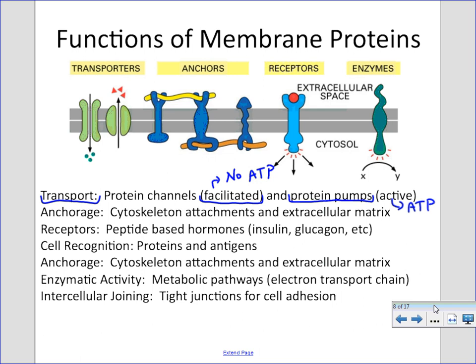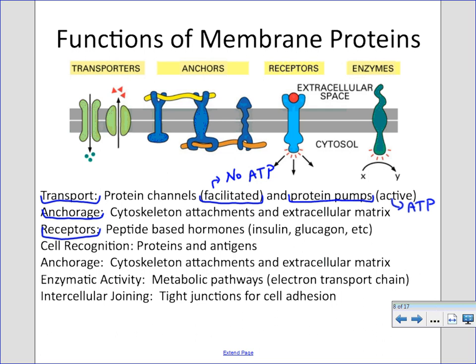Membrane proteins can also function as an anchorage point, so you can have cytoskeleton filaments attach to the cell membrane, as well as the extracellular matrix. Membrane proteins can also act as receptors, where they can detect certain proteins binding to them, which would pass on signals into the cell.